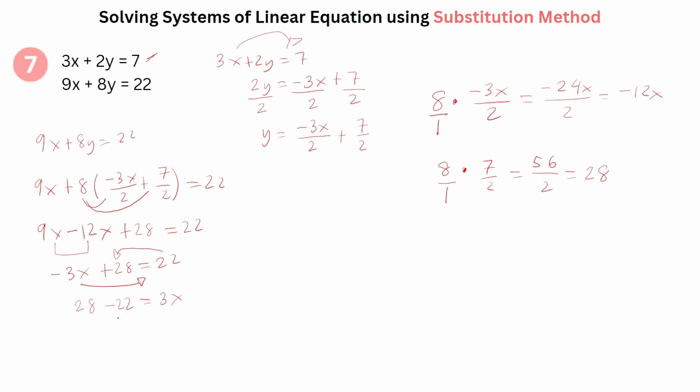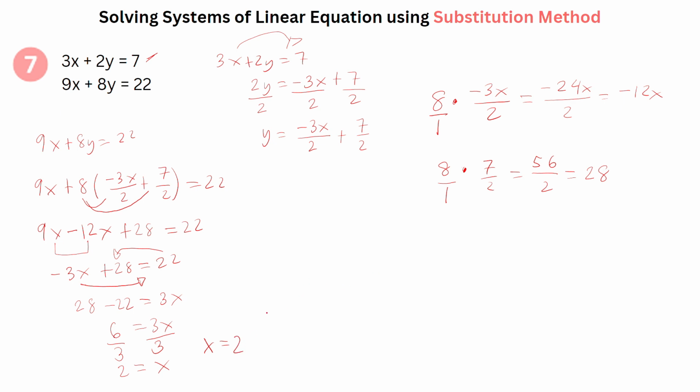So what we have now, 28 minus 22, that's 6 equals 3x. Are we done already? Not yet, because we need to solve for x. So divide by 3, divide by 3. So 2 is equal to x, right? Or using the symmetric property, x is equal to 2.